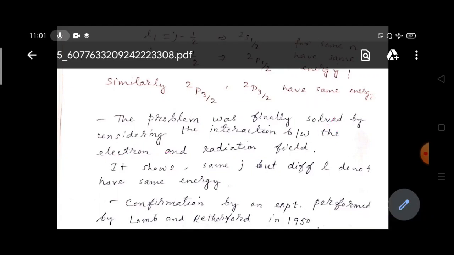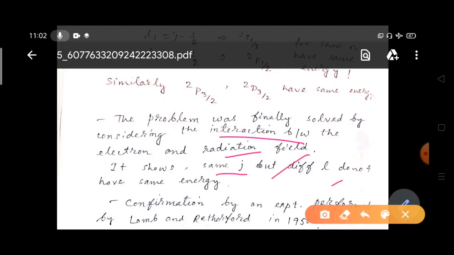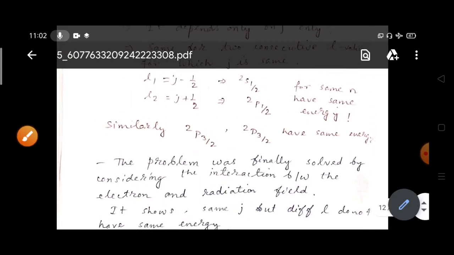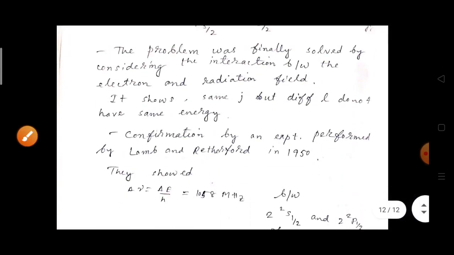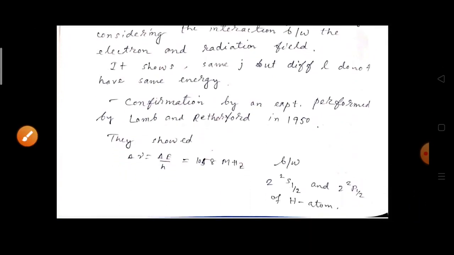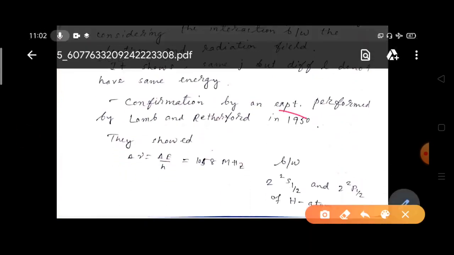And this was only explained by taking the interaction between the electron and the radiation field, and it shows that the same j but different l do not have the same energy. And this was shown by a sophisticated experiment performed by Lamb and Rutherford in 1950.